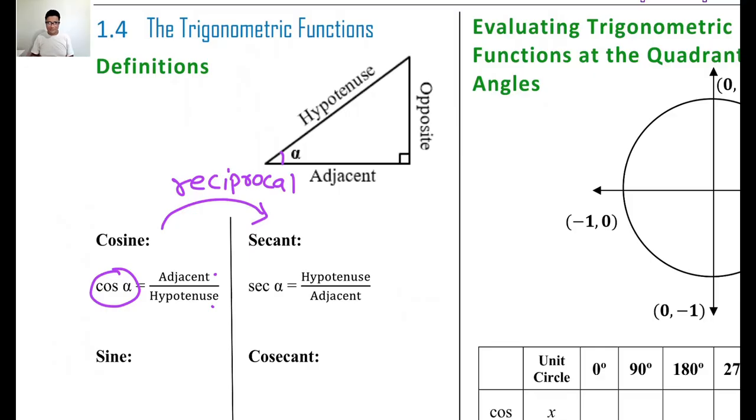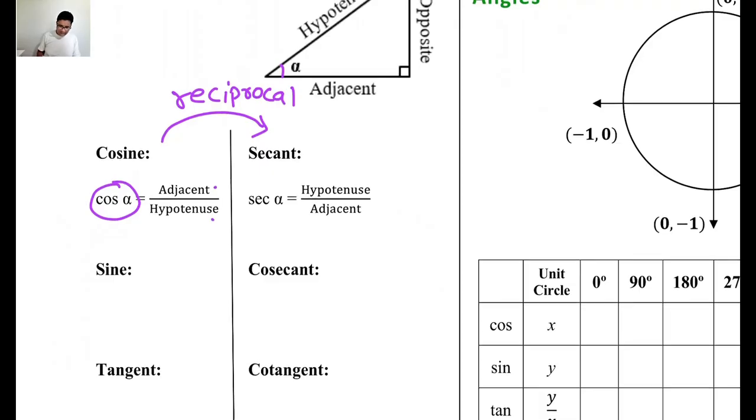Hypotenuse over adjacent will be secant. In short we write sec alpha. The next pair of reciprocal functions is sine. In short we write sin alpha, and that is, I am just going to write abbreviations here: opposite divided by hypotenuse.